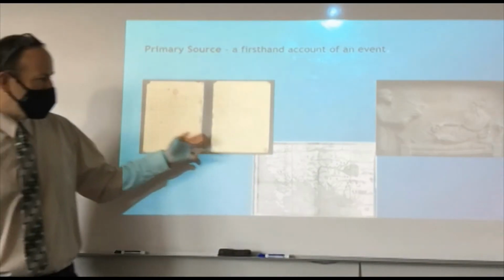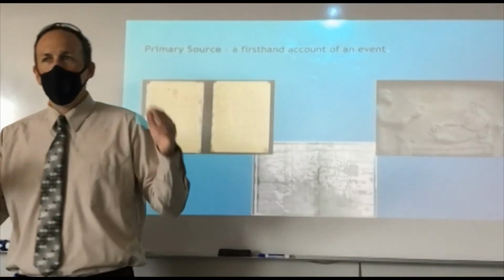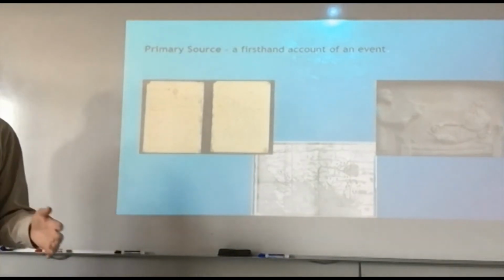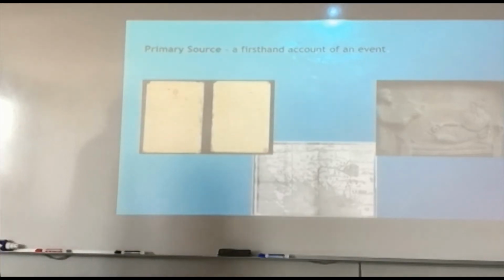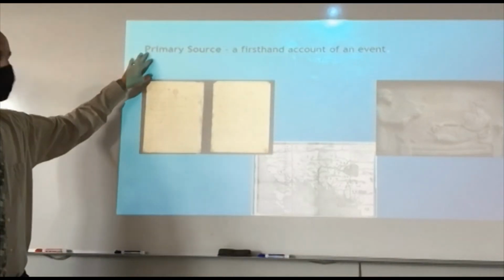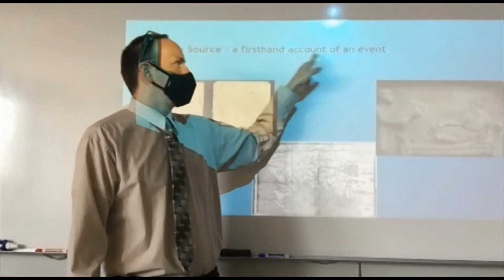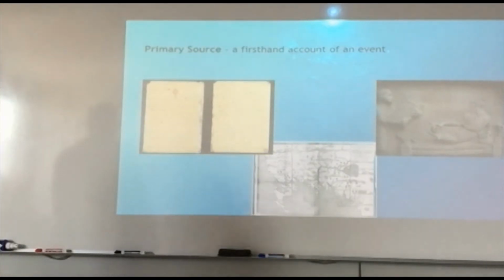Here's a diary. This looks like some type of map. There's a stone carving. They were there during the time period. Primary source. This is where I make you yell back. So I say, class, what is a primary source? And you all say 1, 2, 3. Cool. That's what that means. I'm supposed to make you yell it.